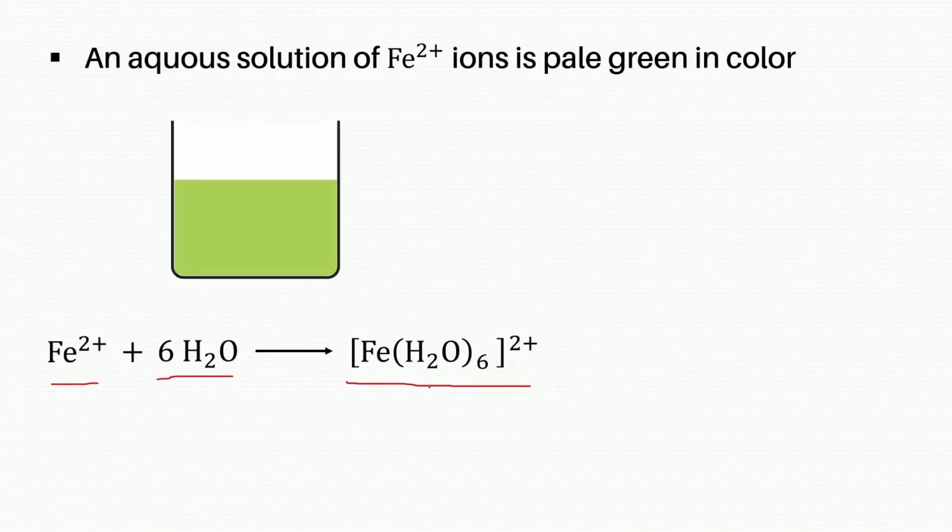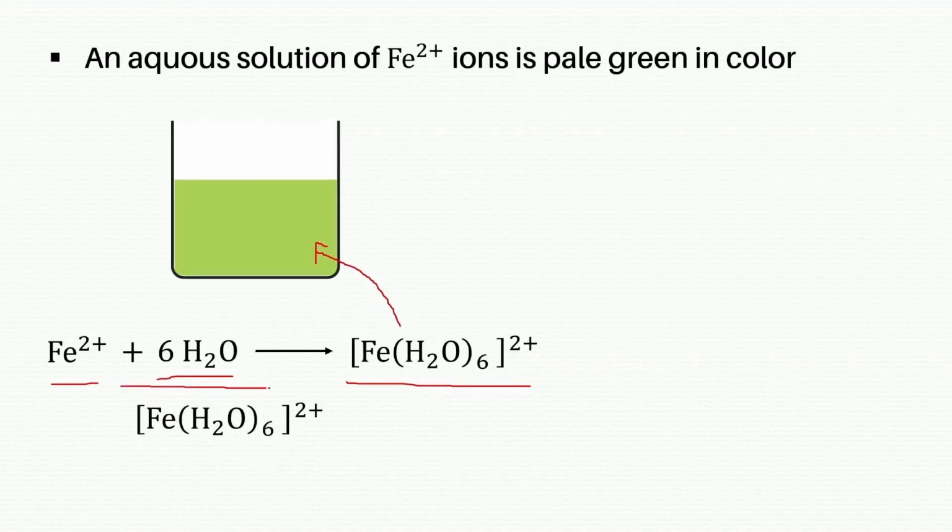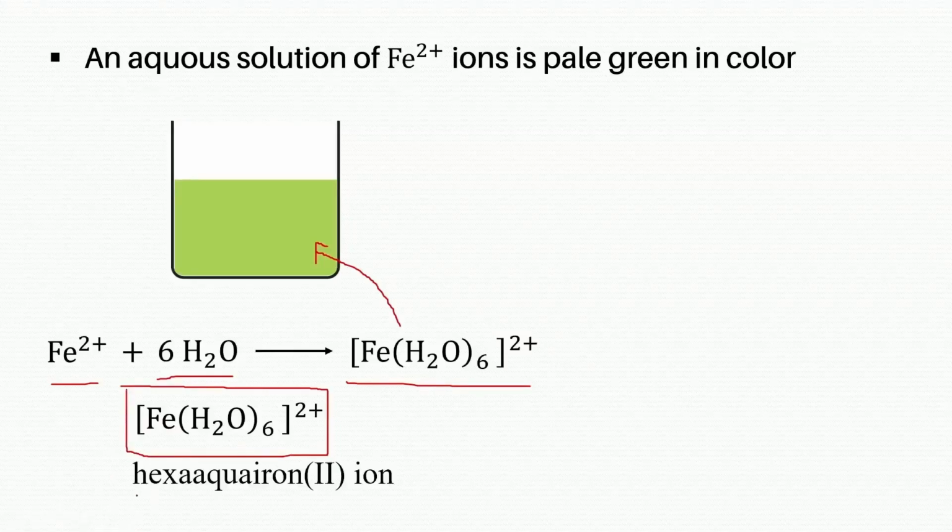So it also gives a pale green color due to this complex ion. This pale green color is due to the complex ion [Fe(H2O)6]2+, or hexaaqua iron(II) ion.